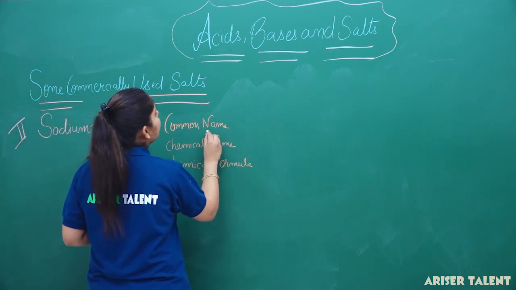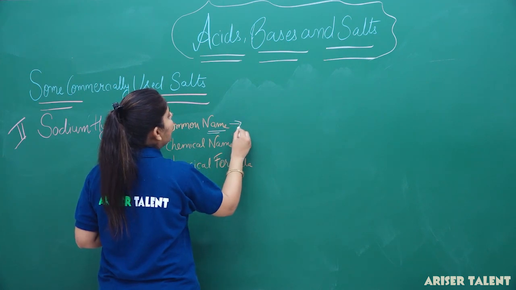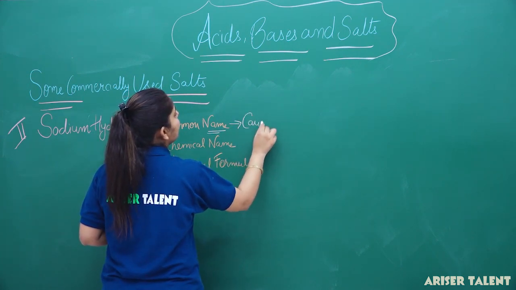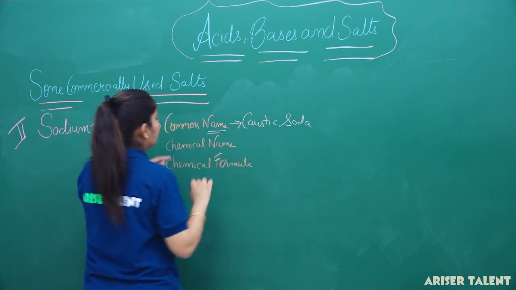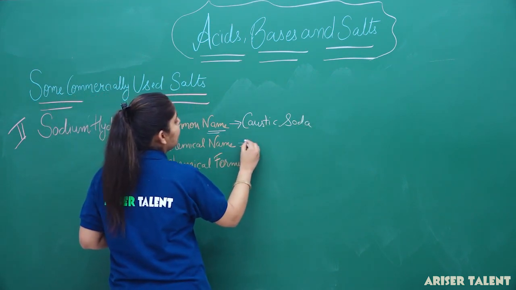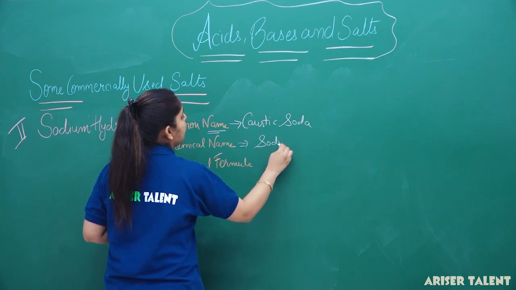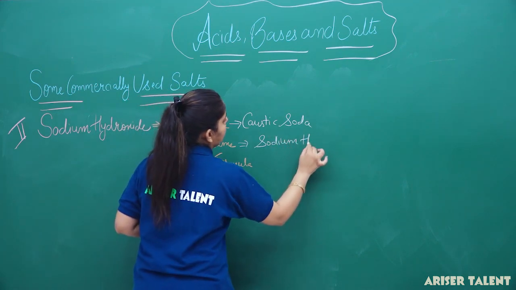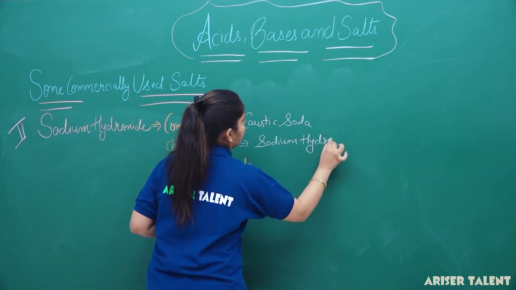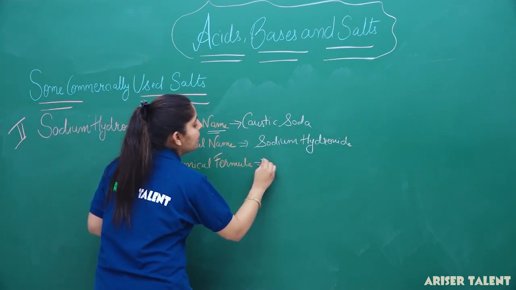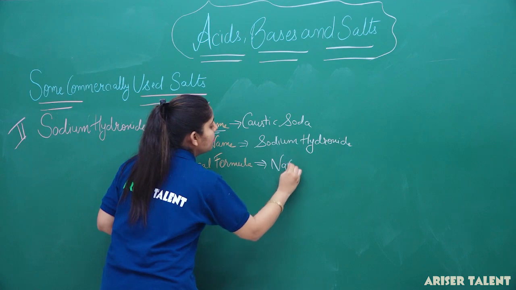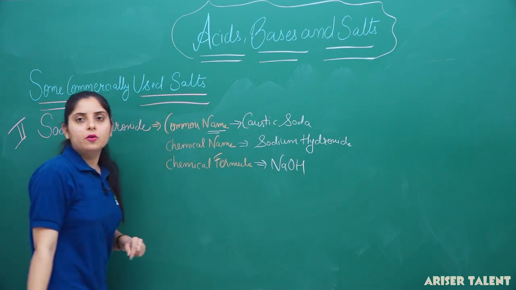The common name of sodium hydroxide is caustic soda. Second, the chemical name is sodium hydroxide. And its chemical formula will be Na for sodium and OH for hydroxide.